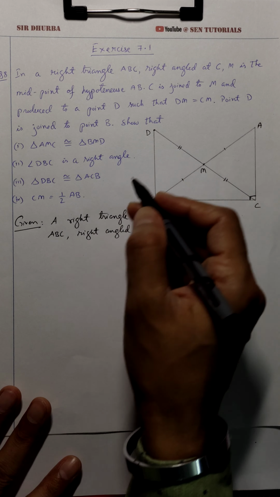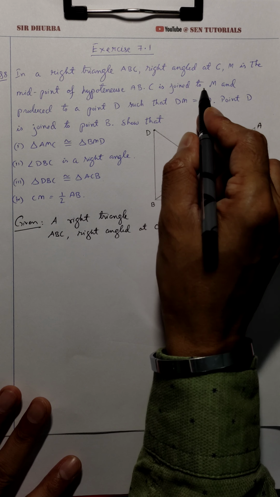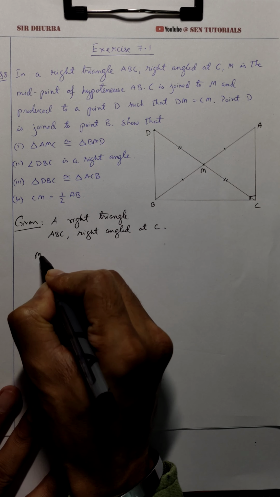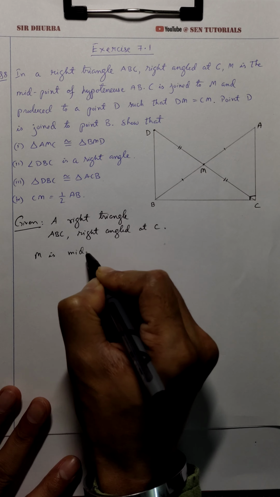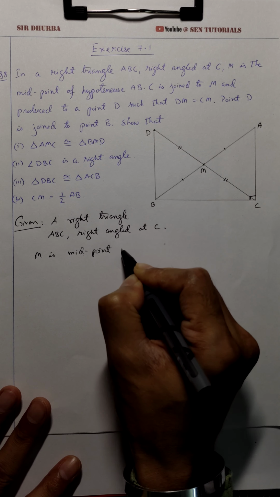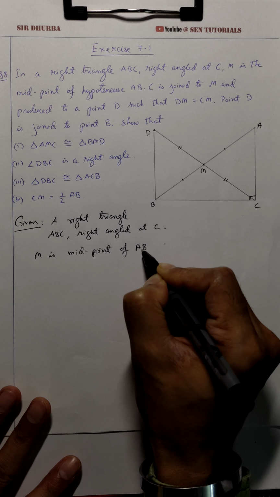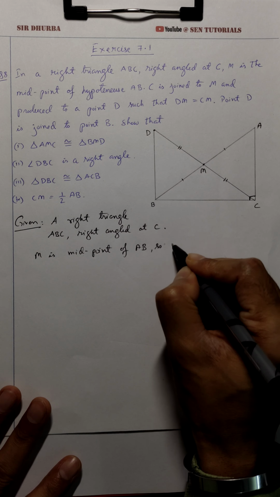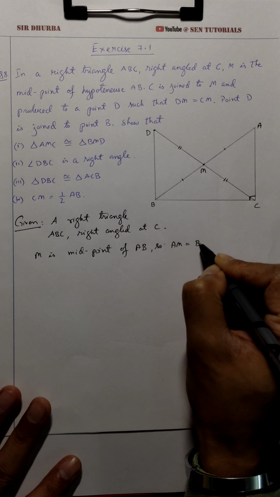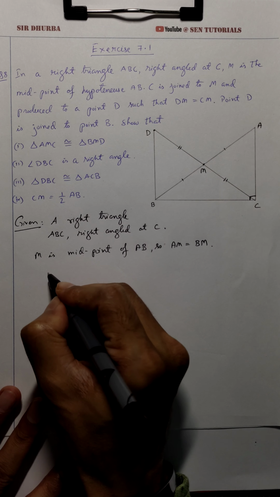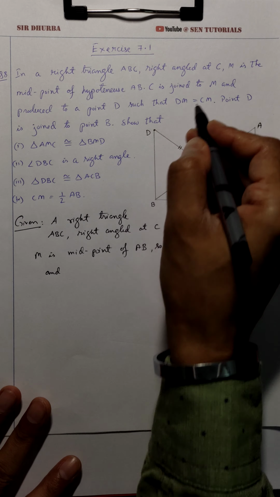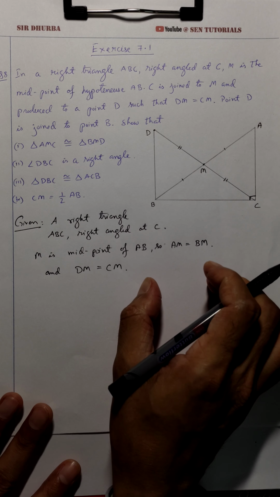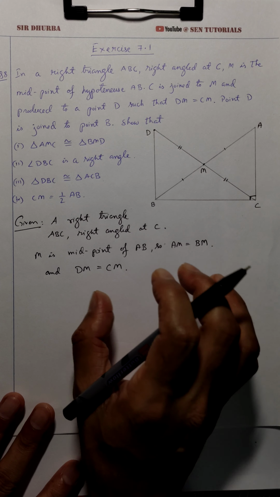Then of course we have DM. C is joined to M, and M is the midpoint of hypotenuse AB. So in that case, AM is equal to BM. And I'll write directly, DM is also equal to CM. So these are the conditions that are given to us. So definitely we are going to be requiring this.